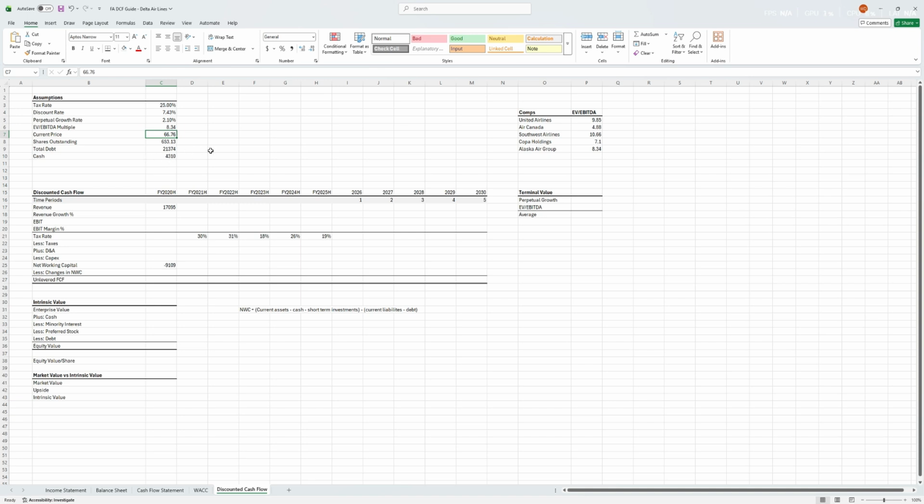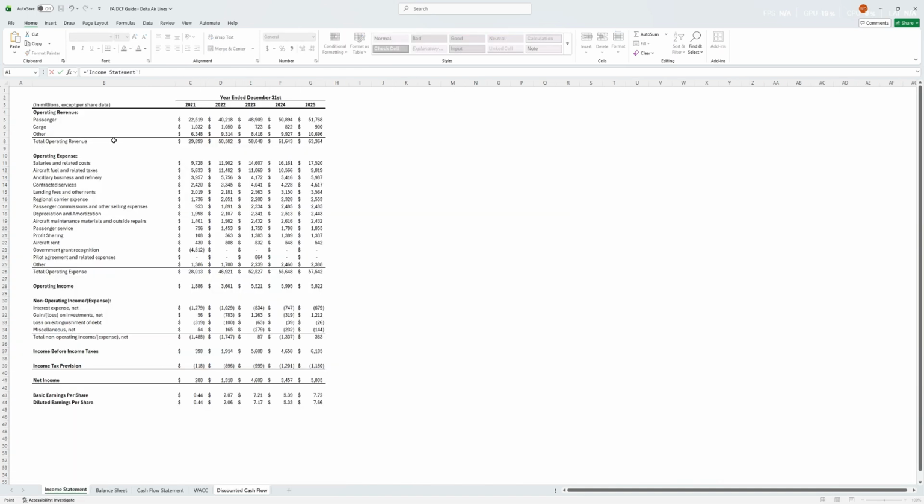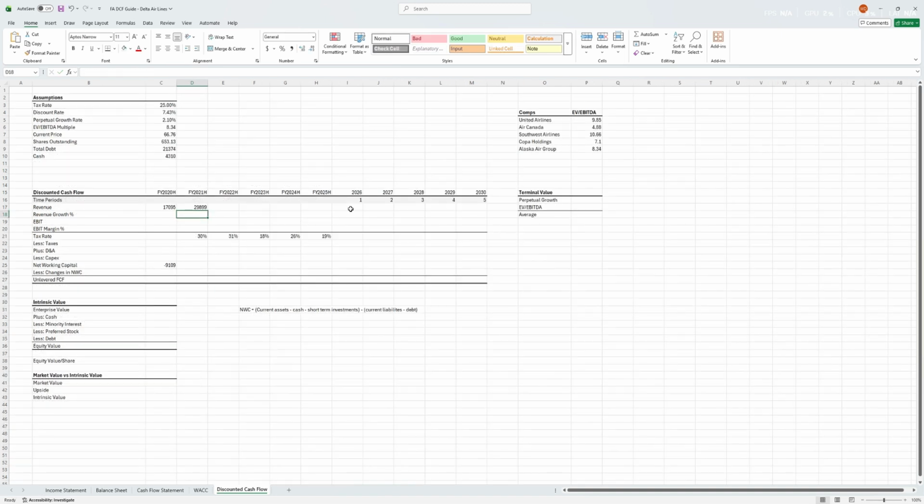And so now what we're going to want to do is grab historical data and start filling out the 5 years of historicals for our discounted cash flow. So for revenue, we'll just do an equals, and we can go over to the income statement and total operating revenue, grab that for 2021, and then drag this over, and that'll fill out all 5 years.